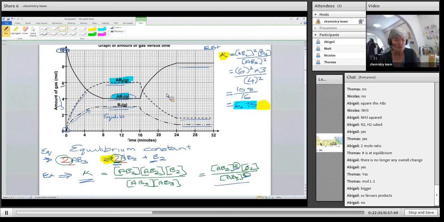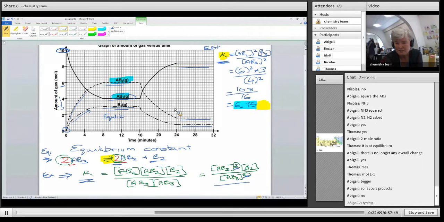So the first point about a temperature change is this equilibrium constant is only a constant at a particular temperature. For example, if I said, what is the pH of pure water, what would you actually answer? 7.